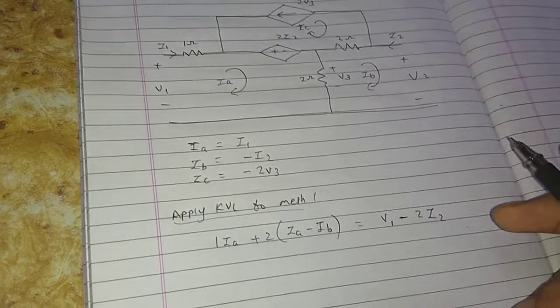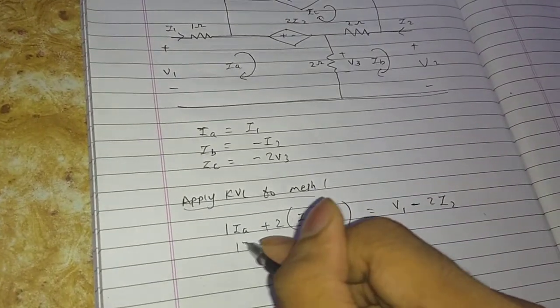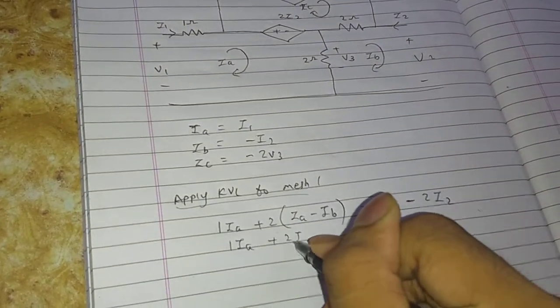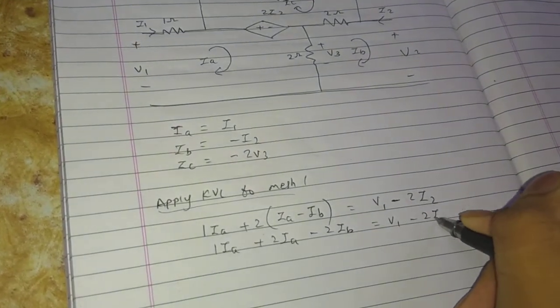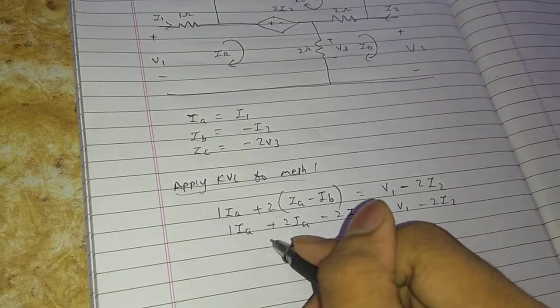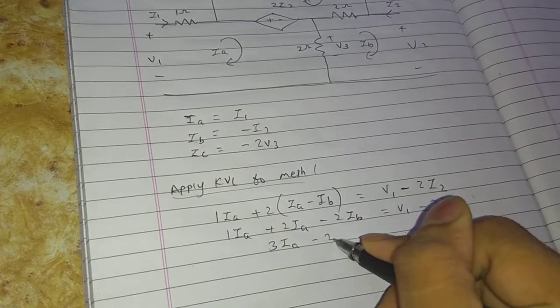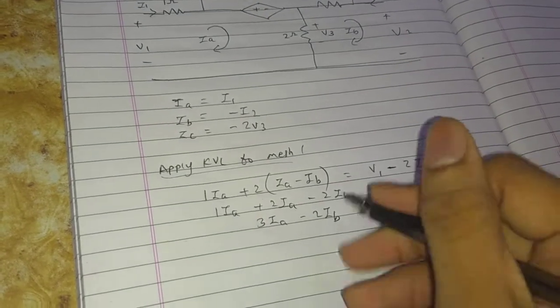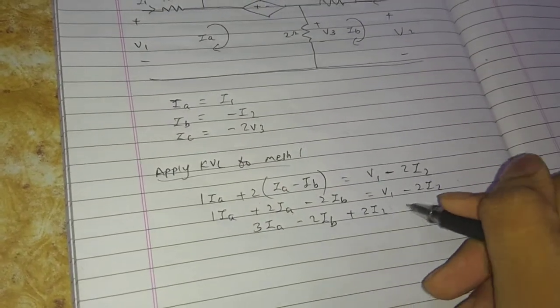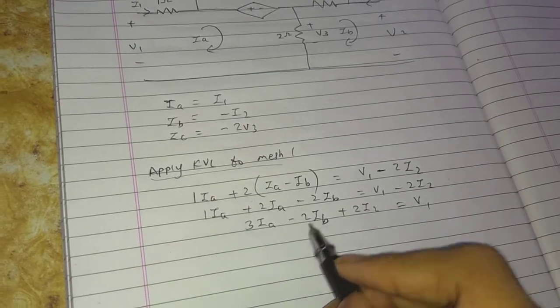So I have 1 IA plus 2IA minus 2IB equals V1 minus 2I2. Now this is 3IA minus 2IB. Shift minus 2I2 over here, it becomes positive 2I2, equals V1.